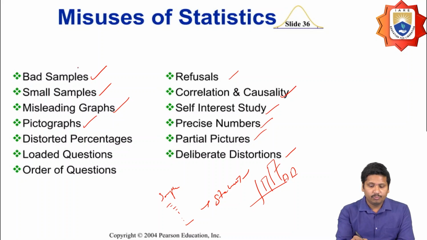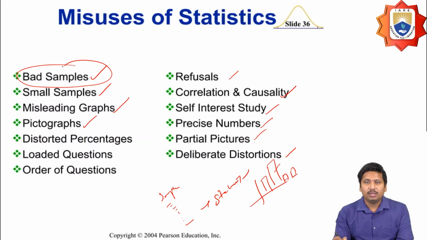A very dangerous thing is bad samples, which can have a major effect on the statistical visualization of the data. Apart from this, there are small samples, misleading graphs, and pictographs, which are also not effective for data visualization.